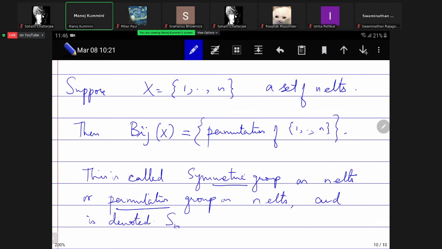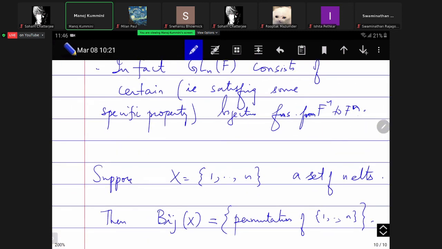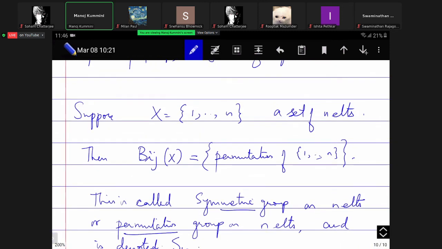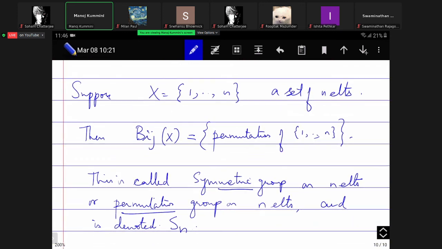This is somewhat standard notation. I'll stop here, and I will revisit bijective functions and what permutations are in the next class. Permutation groups form an important object of study, so we will look at them in greater detail.